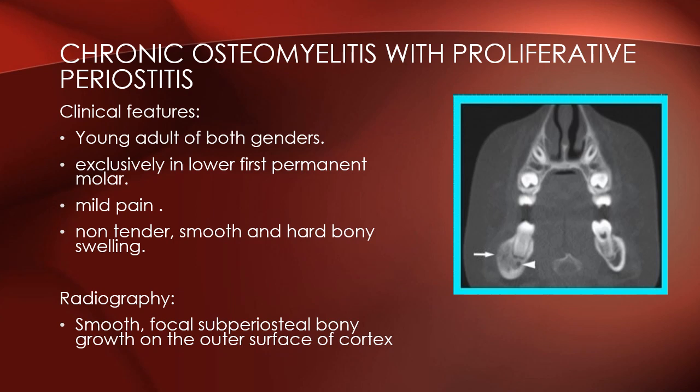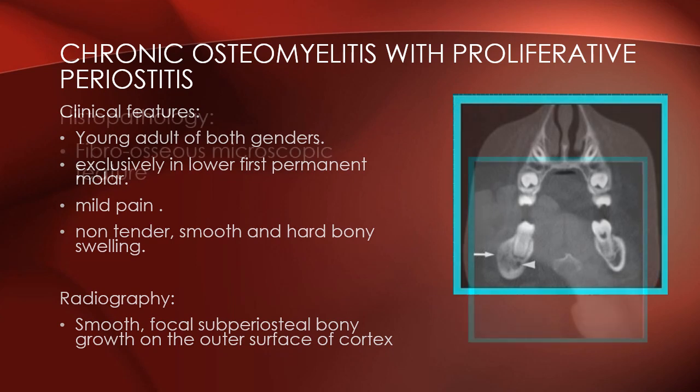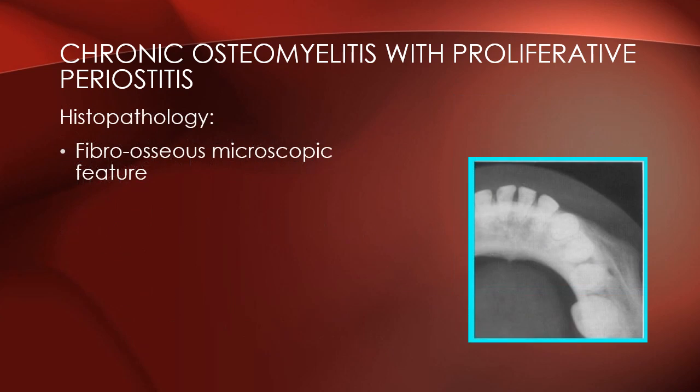Clinical features: it occurs in young adults of both genders with mild pain and a non-tender, smooth and hard bone swelling, exclusively in the lower first permanent molar. Radiography: on the outer surface of the cortex there is a smooth focal subperiosteal bony growth. Histopathology: when viewed under the microscope, this type appears as a fibro-osseous area.